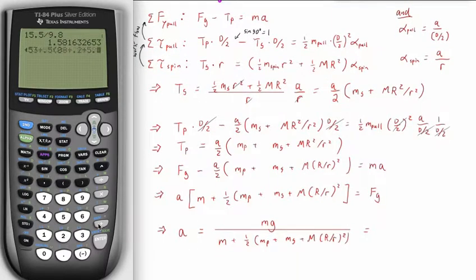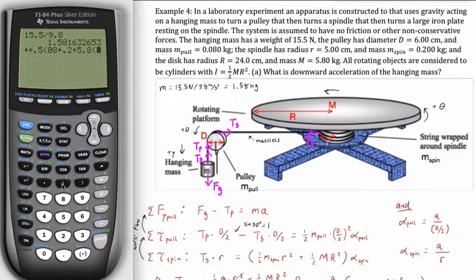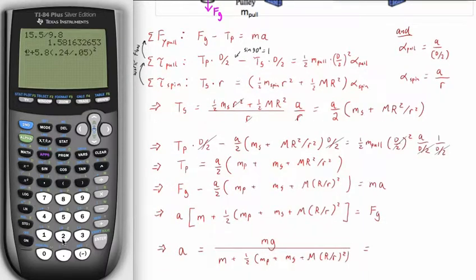So 5.8 kilograms, and then multiplied by the ratio of the radii squared. All right, so it's big R over little r, so 0.24 divided by little r, which is 0.05, right? I'm obviously just converting things from centimeters to meters. Close the parentheses and square that ratio. Okay, and then that should be it for the denominator.